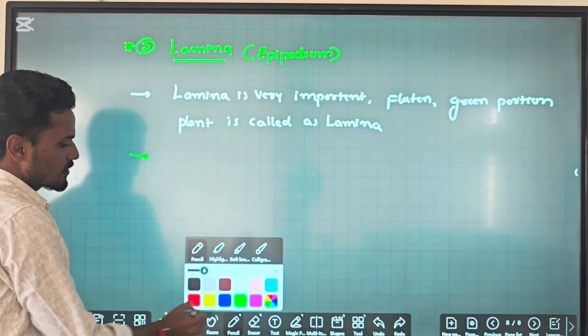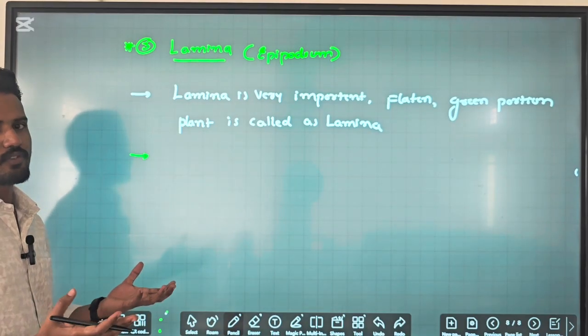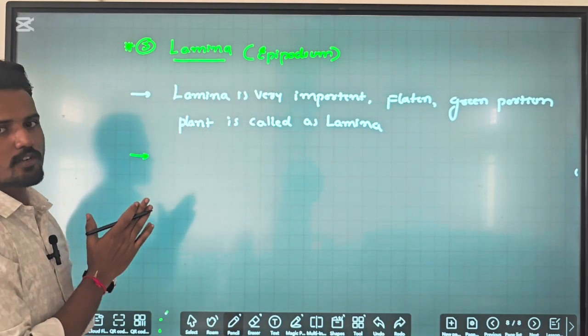It is a very important portion. Lamina is commonly called a leaf.